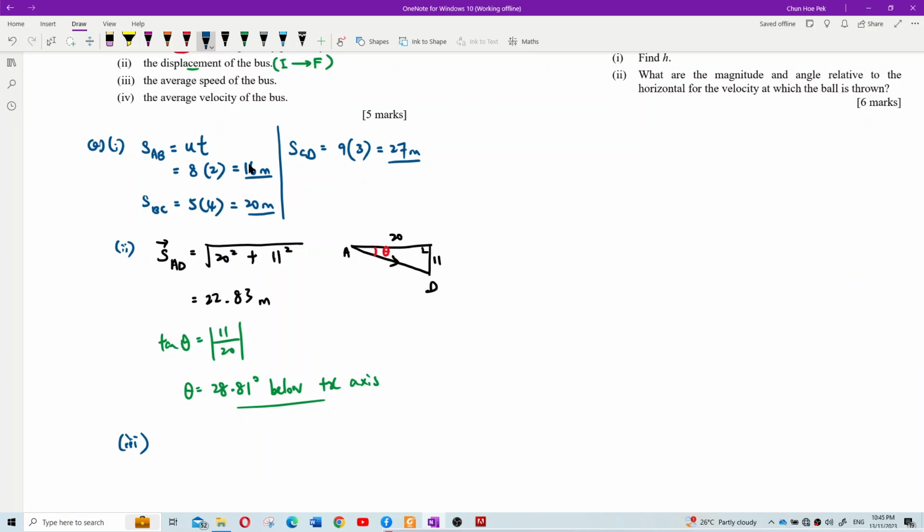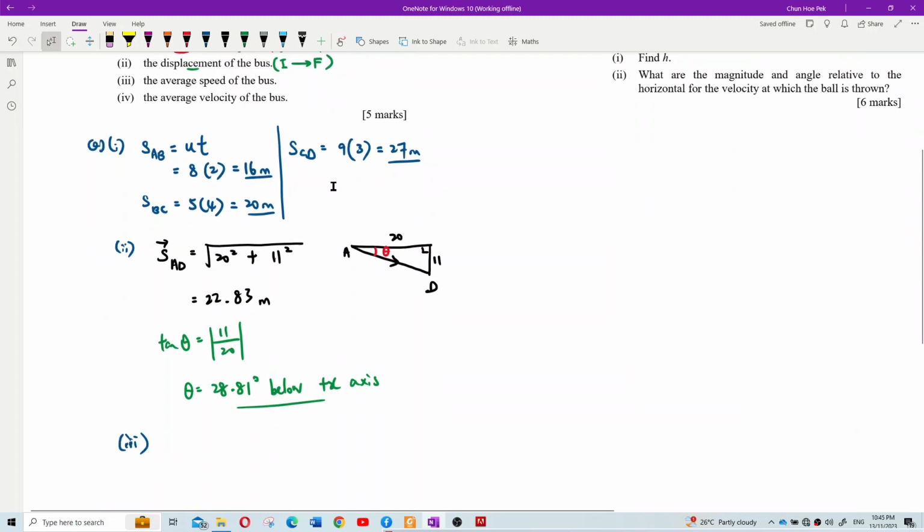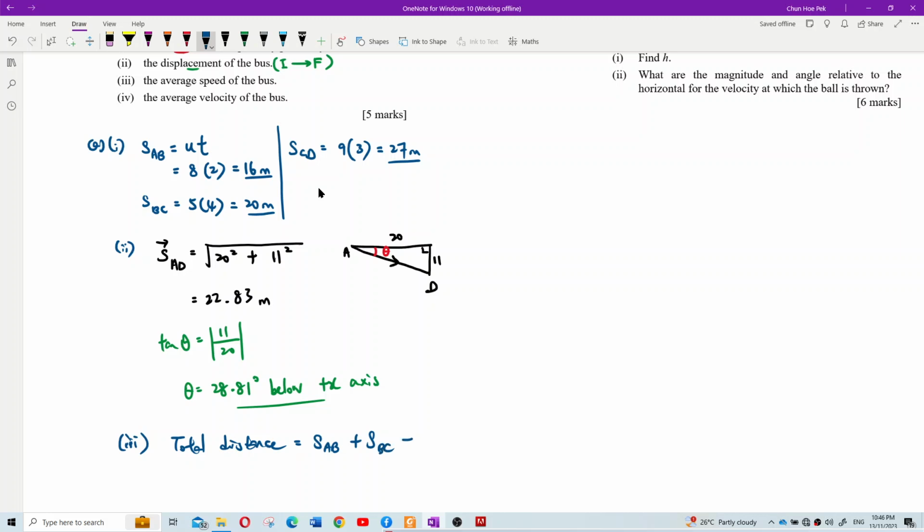that means we take the total distance divided by time taken. So find the total distance. For the total distance, you have to add up SAB plus SBC plus SCD.